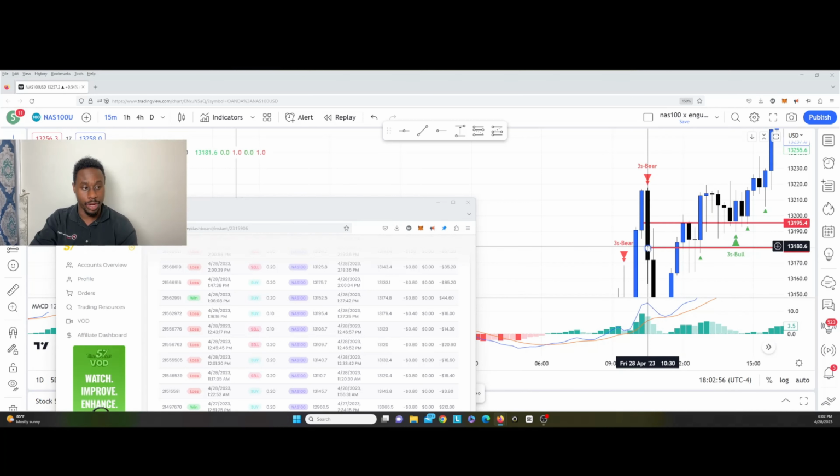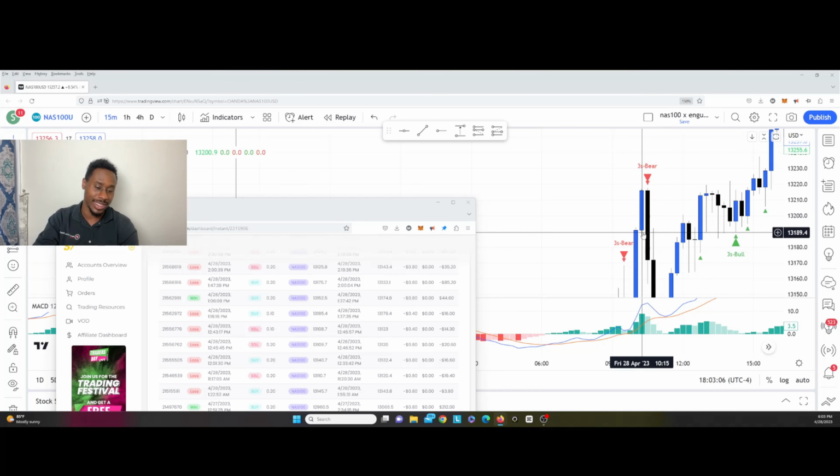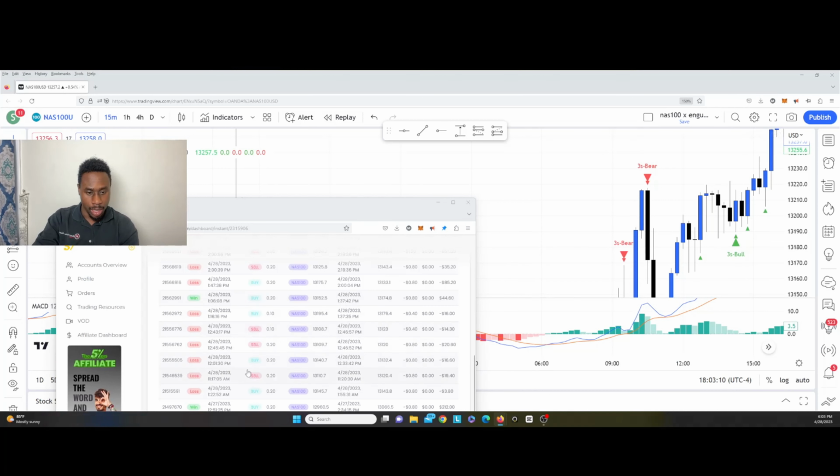So it started to break down. I had my stop loss even a little lower than this candle wick, and it just came and took it out. I don't even want to talk about it. That was just nasty, bro. Just took me right out. But that was this trade.